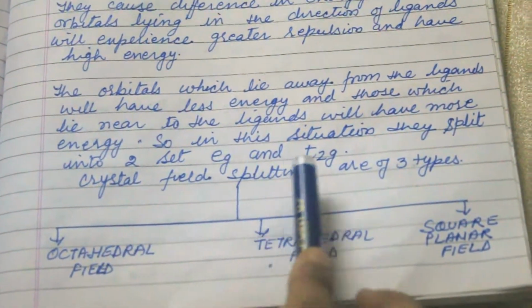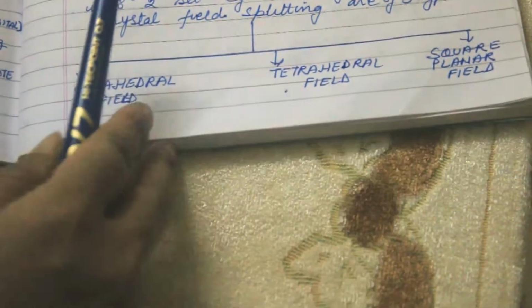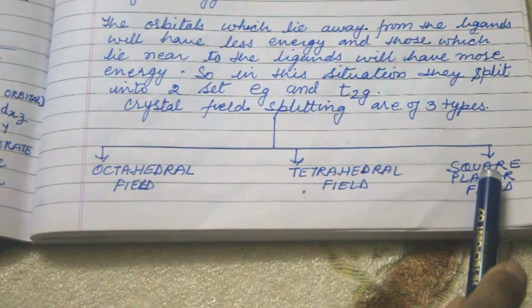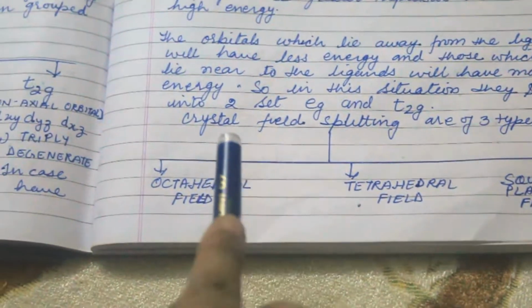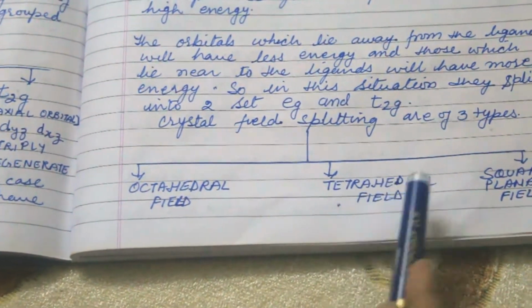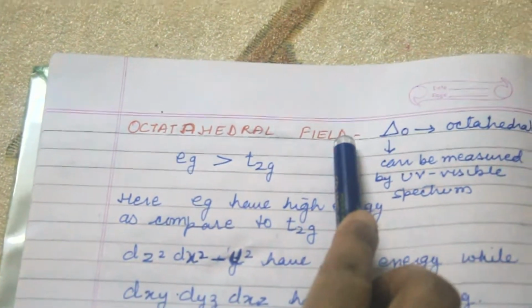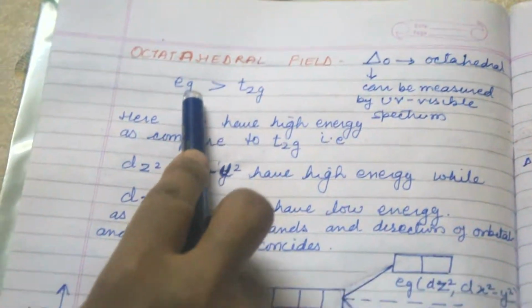Crystal field splitting is of 3 types. First is octahedral, second is tetrahedral, and third is square planar. Octahedral has 6 ligands, tetrahedral has 4 ligands, and square planar also has 4 ligands. Now in octahedral, Eg has greater energy compared to T2g.